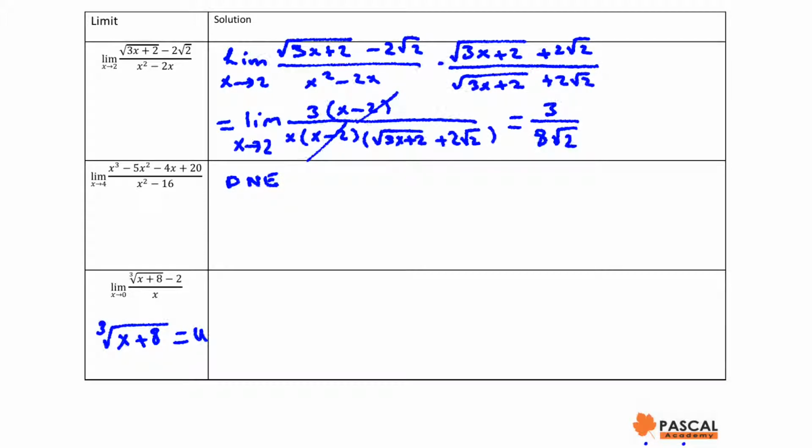We assume the cube root of x plus 8 is u. Therefore, the limit can be written as the limit of u minus 2 over the new denominator. If the cube root of x plus 8 is u, x plus 8 would be u cubed. That means x is u cubed minus 8. Since x approaches 0, u approaches the cube root of 8, which is 2.